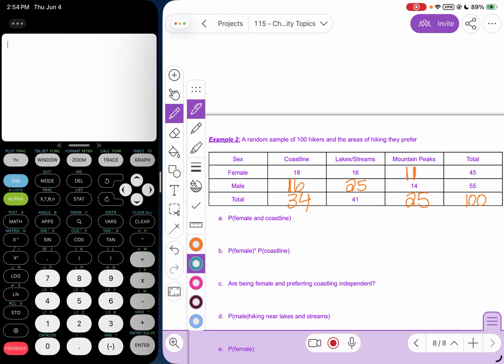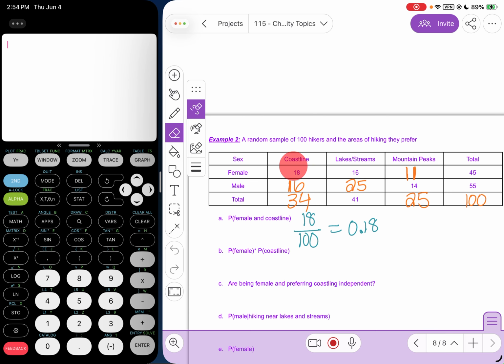So now, what's the probability of female and coastline? So we find where they meet, 18 out of the total, 100. And 18 hundredths is 0.18. Okay. Now it says probability of female times probability of coastline. So female total is 45 out of 100.